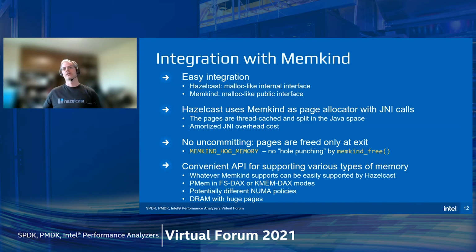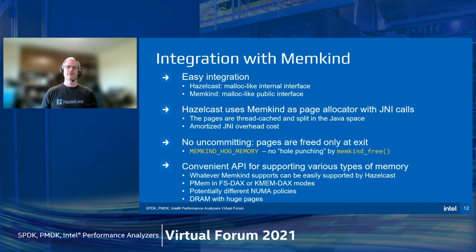But as the Memkind free operation typically comes with hole punching in the FSDAX mode, which is known to be a very expensive operation again, Hazelcast leverages the Memkind hog memory feature of Memkind, which means this hole punching is entirely eliminated when the Memkind free is called. So the shutdown times of Hazelcast get reduced by this feature of Memkind.